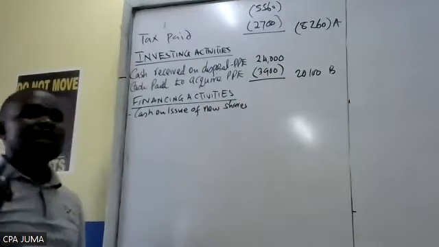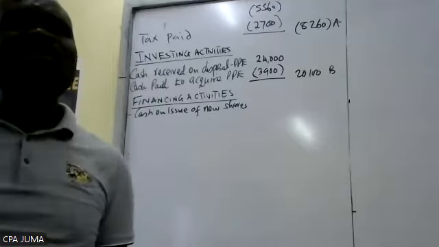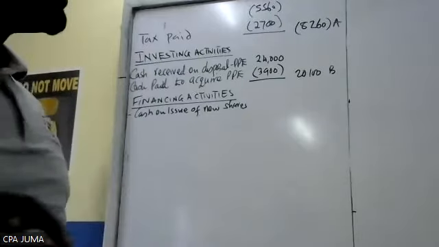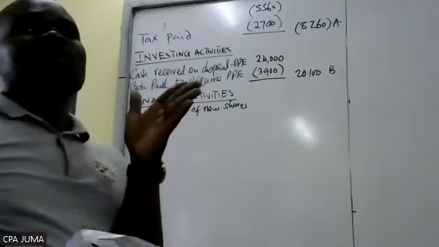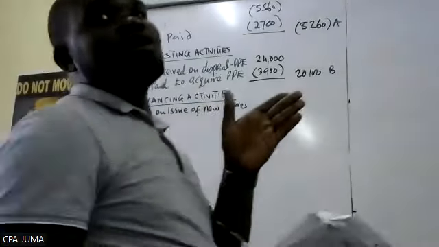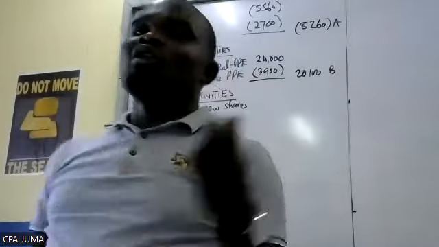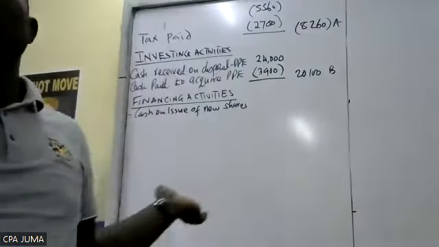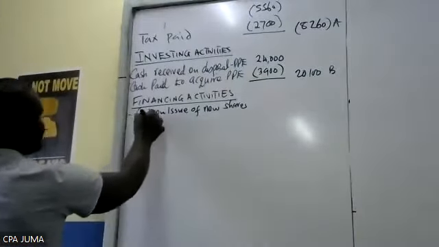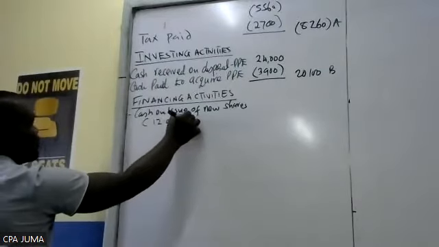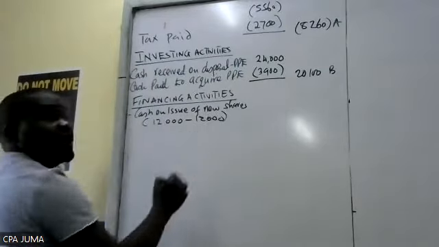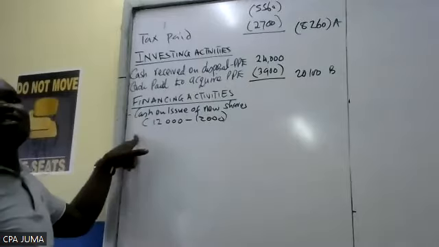How will you know that these people gave shares? Check the opening value of shares. Opening value of shares was how much? So 12. Closing 12. They gave nothing. So it's 12 minus 12. But if there was an increase, if it was 12, then this one is 13.